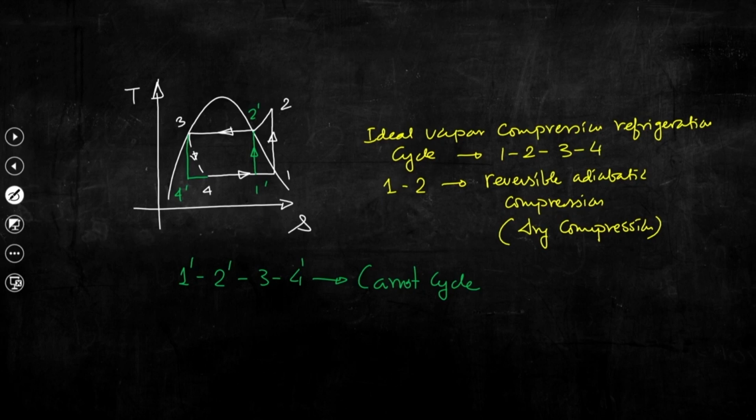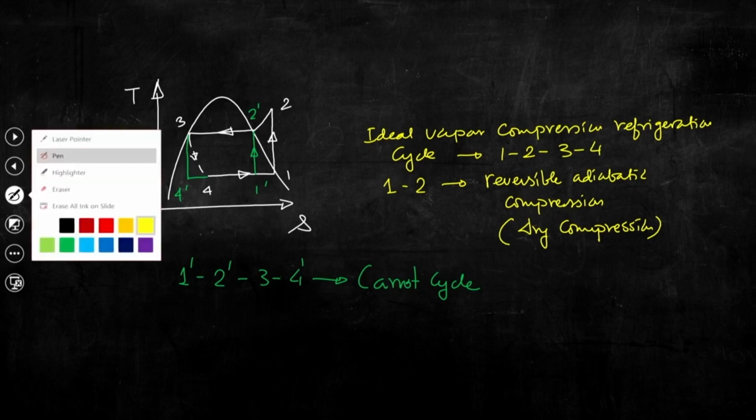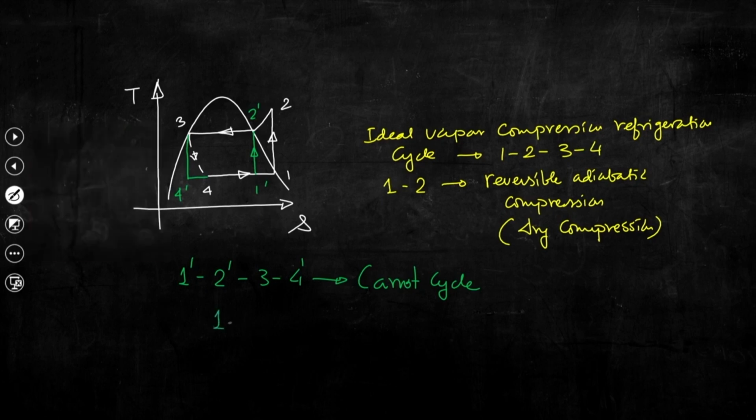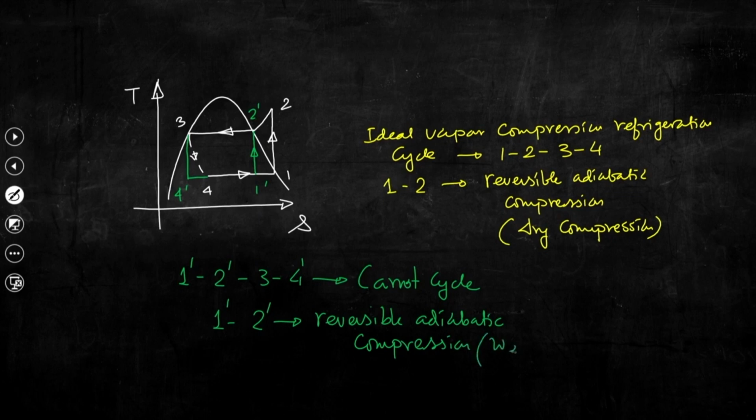So, what are the differences? First of all, the compression process is now wet compression. So, this compression 1 prime to 2 prime, that is again reversible adiabatic compression, but that is wet compression.